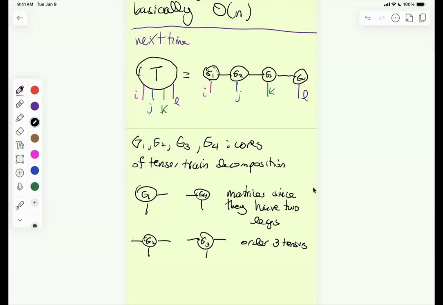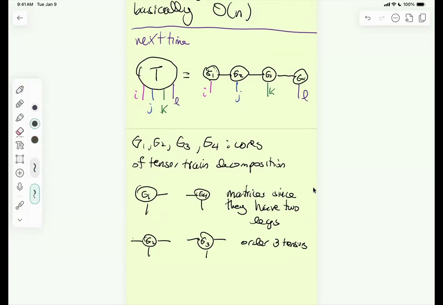The reason I'm using the word tensor train is that it's more suggestive of a train, with a combination of cars like you see on a train. The reason it's called the matrix product state is that if you think about giving specific values to the free legs, if you give a particular value to I or J or K, then it is really a multiplication of matrices in the middle, because those are just legs that are being summed over.